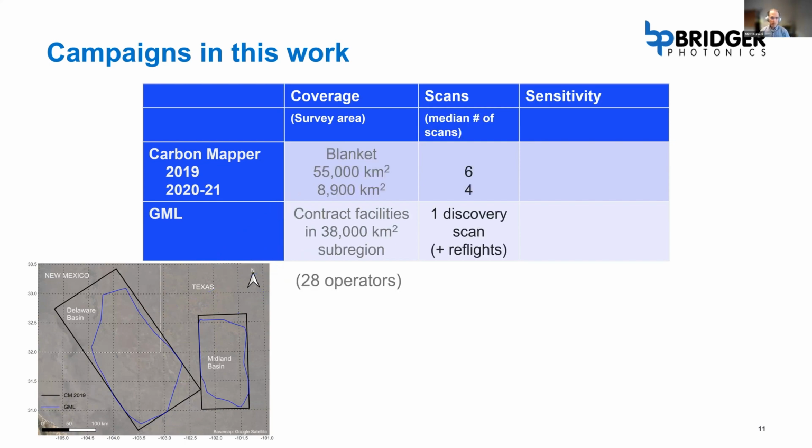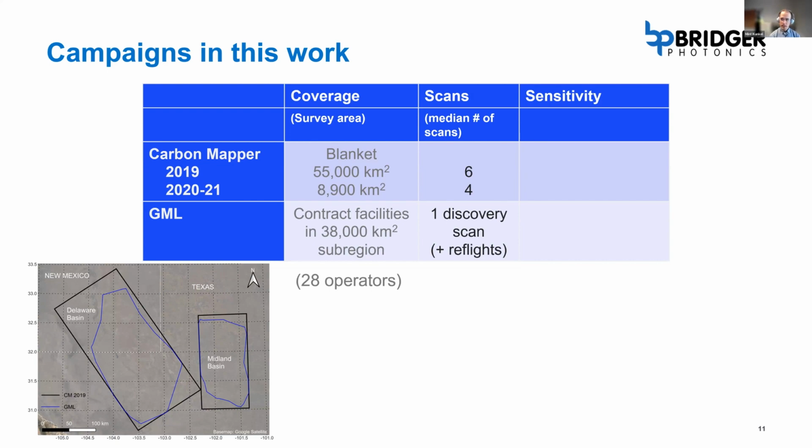In terms of number of scans, Carbon Mapper structured their survey to be able to measure the intermittency of the methane sources. So we can look at just generally the median number of scans in each study. For their 2019 campaign, the median number of scans was 6. In 2020 to 2021, they performed 4.